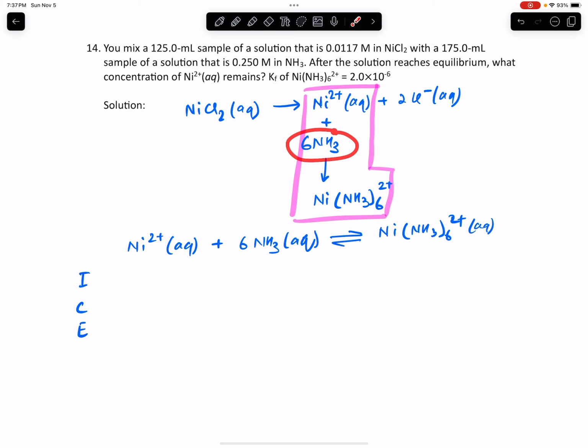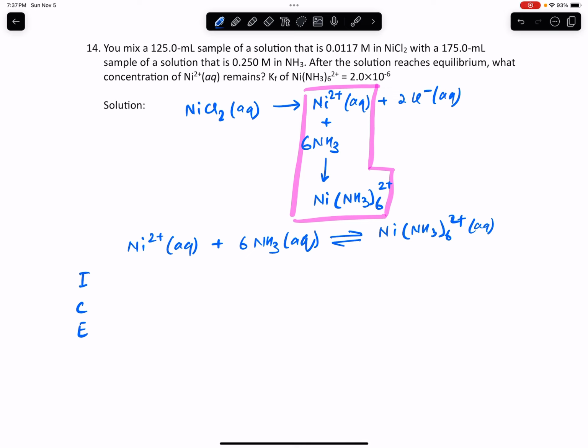But we cannot use these numbers directly, because the volumes are mixed. I have 125 ml of this salt mixed with 175 ml of ammonia. So before you can put things into your ice table, we need to do a little bit of basic calculation.